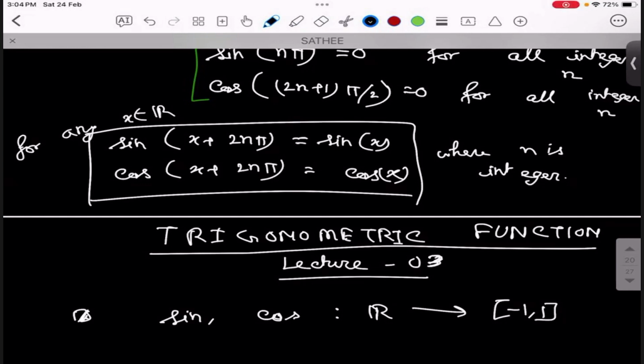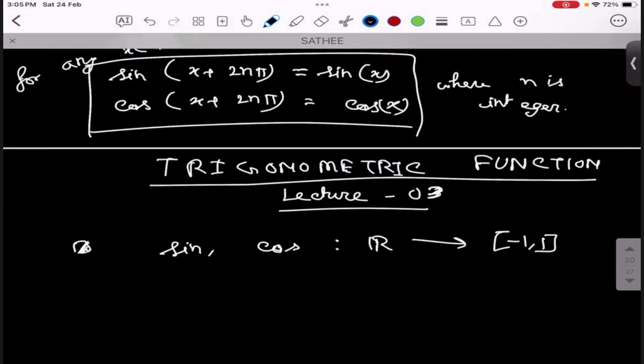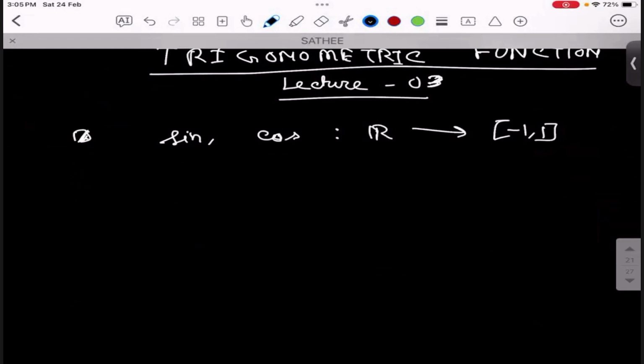That is, the value of sine will repeat after a 2 pi period. So that's why this function is called a periodic function, because it gives the same value after a certain step. That thing is different, and we are not discussing it here.